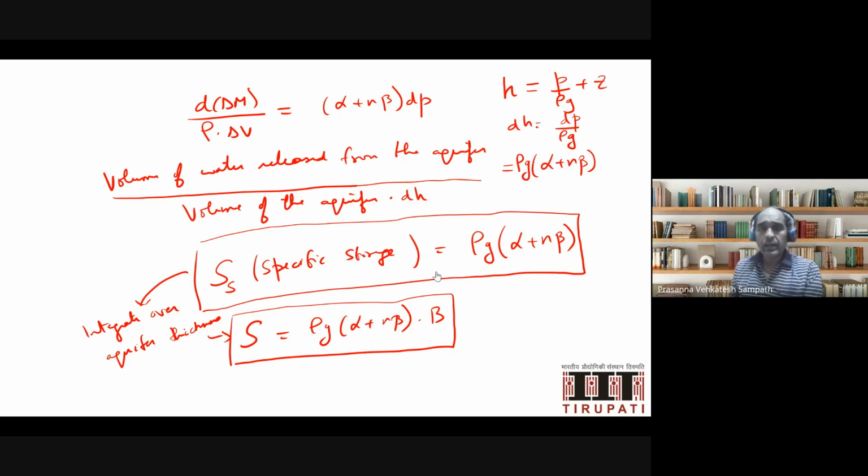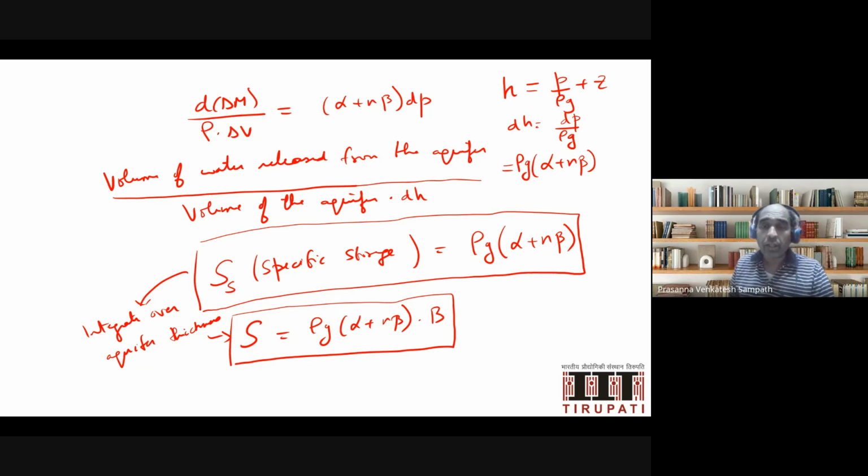So I had shared a video for the previous lecture where I discussed the release of water from storage in a confined aquifer, and how the water is released from storage by a combination of the compressibility of the aquifer and the compressibility of water.